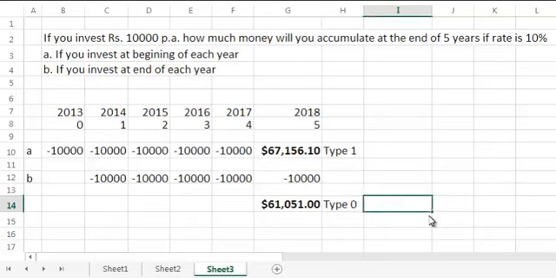Hence, if you increase this type 0 investment by 1 year, that is by 10%, it should go to the type 1 investment. So 61,051 into 110%. Why 110%? Because 61,051 is 100%, the same amount, plus 10% extra, and we get 67,156. So the result of delaying 1 year is the loss of 1 year's interest, which is 10%.